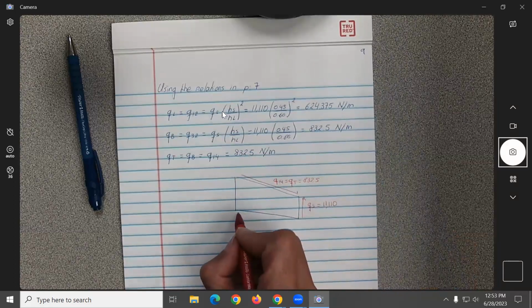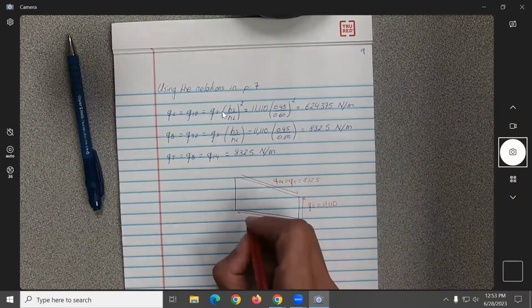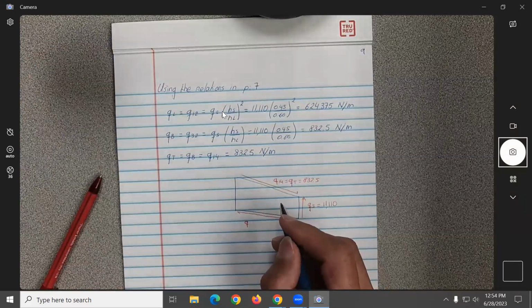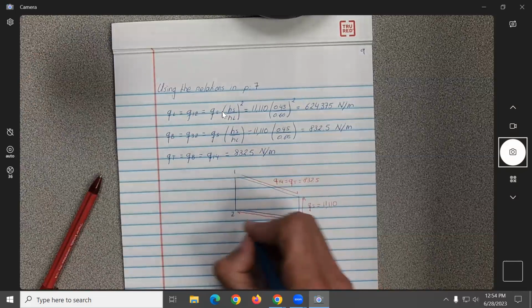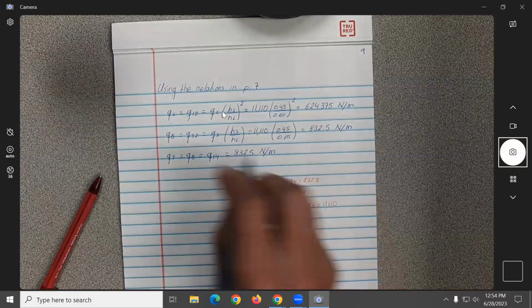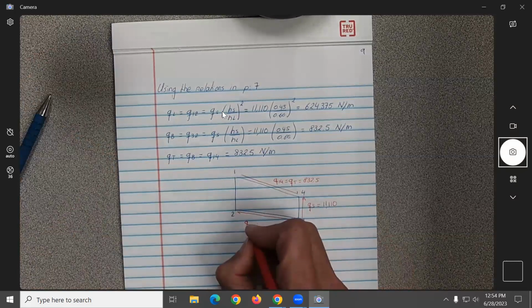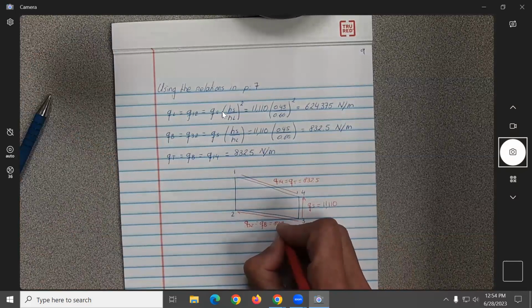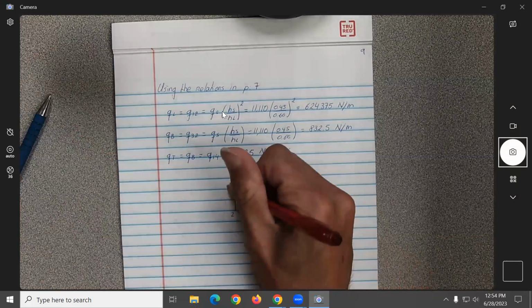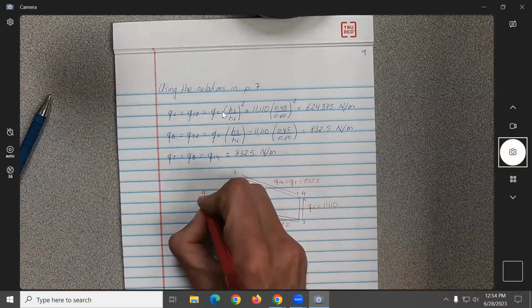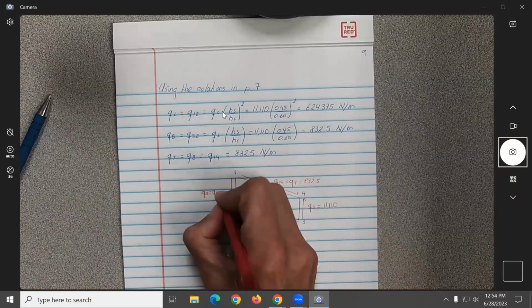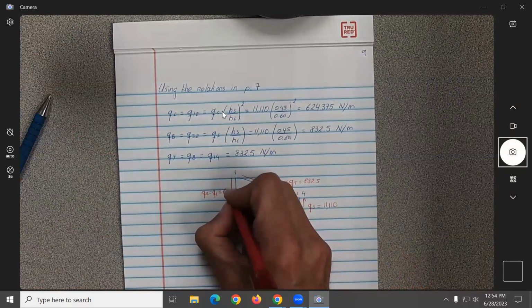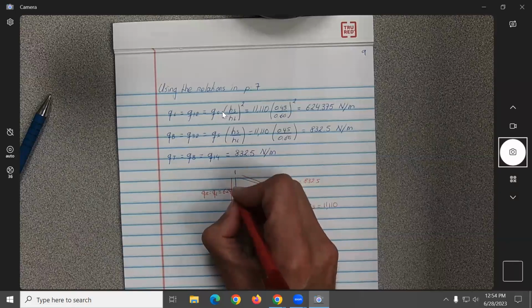Then Q32 equal to Q bottom equal to 832.5. And finally, Q12 equal to Q long, and this is equal to 624.375.